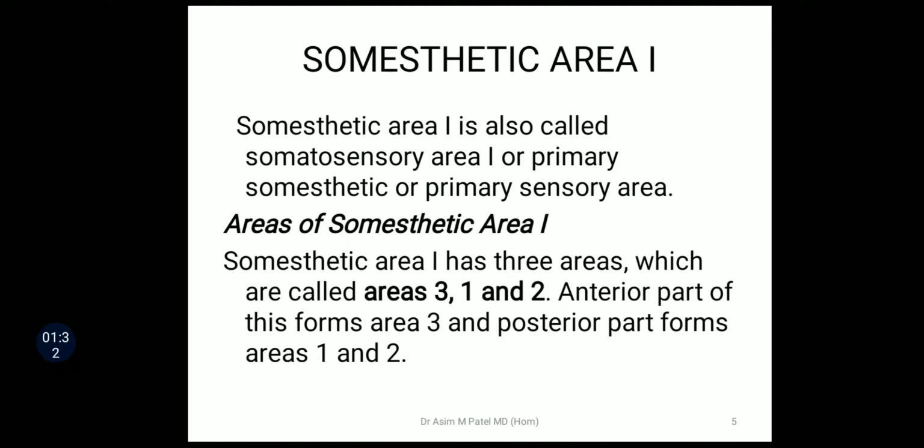Somesthetic area 1 is also called somatosensory area 1, primary somesthetic or primary sensory area. It has three areas called area number 3, 1 and 2. Anterior part forms area 3 and posterior part forms areas 1 and 2.